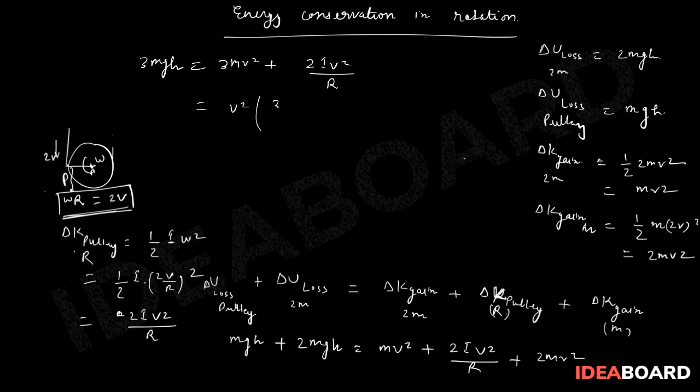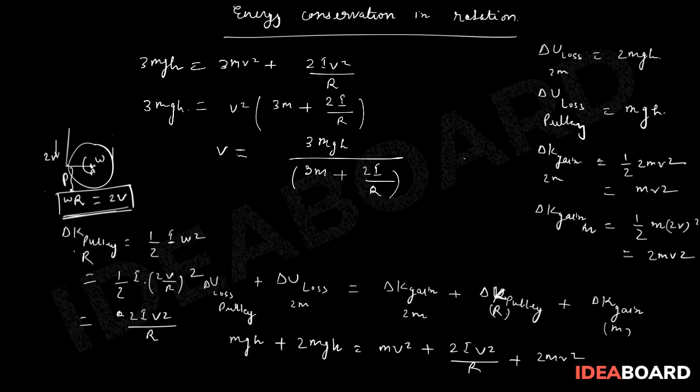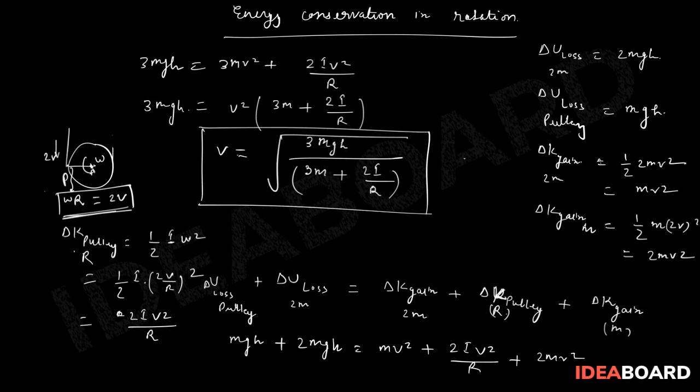This will give you (3m plus 2I by r square). So this is 3mgh. Now we can calculate the value of v, which is 3mgh upon (3m plus 2I by r square), and of course under root of this. So this is going to be the velocity of the block 2m after coming down h height.